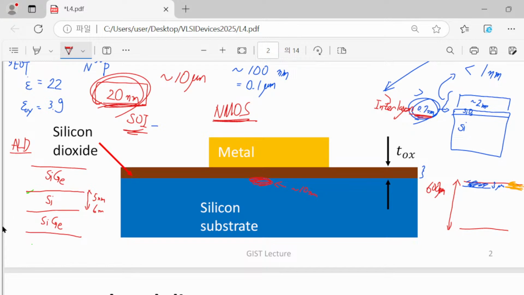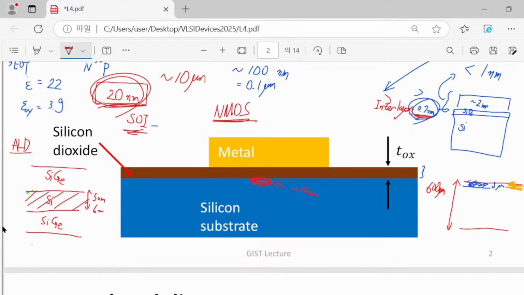So in this case, during this growth, we intentionally introduce a certain dopant ion here. So we dope here uniformly. After that, this silicon germanium layer can be selectively etched away. Silicon and silicon germanium seem to be quite similar. However, we can find an etchant which has selectivity between silicon and silicon germanium.